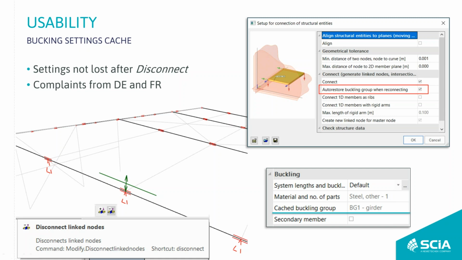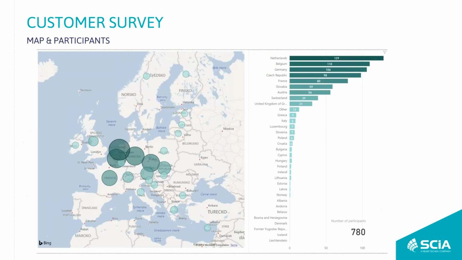Beside the backlink settings, I think you remember that at the end of 2018 and beginning of 2019, we ran a survey and asked you about the list of enhancements for version 19.